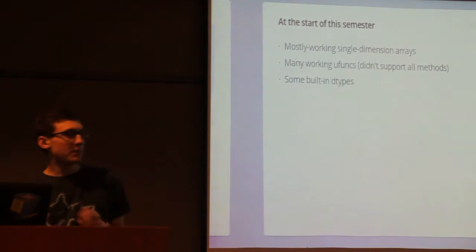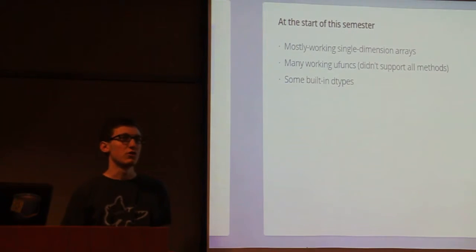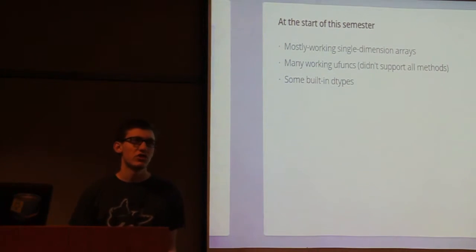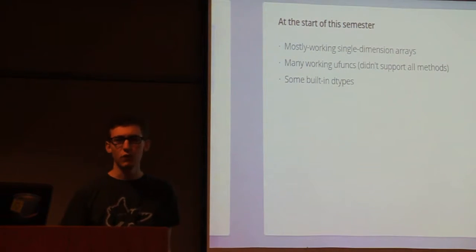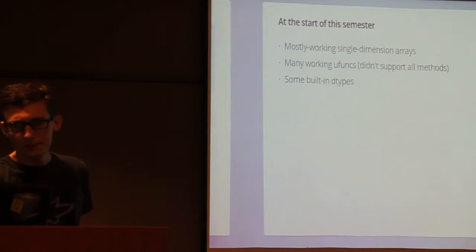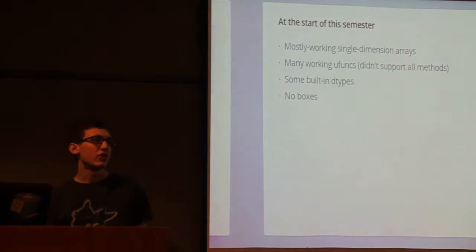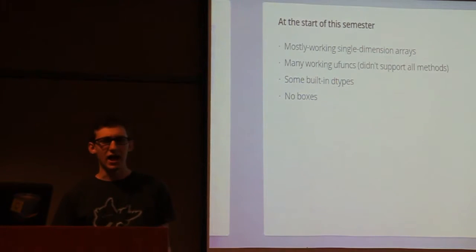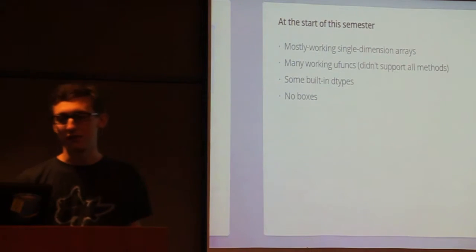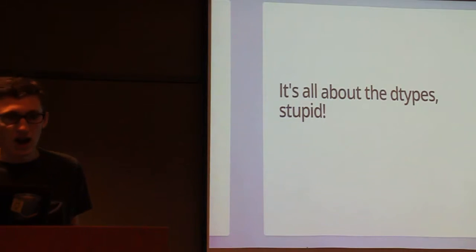We had some of the built-in data types, so the really common platform integers, but not all the unsigned integers. We only had 64-bit floats, stuff like that. And we had no boxes, so every operation would upcast its result to whatever the platform size is. So everything returned a 64-bit float, and you get stuck with whatever the rounding error was.